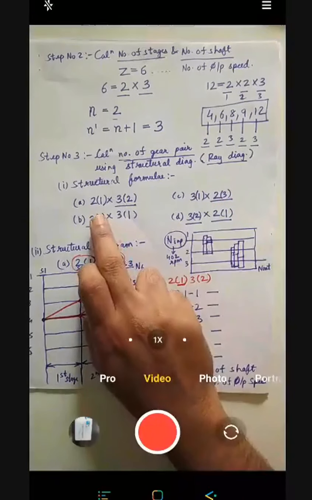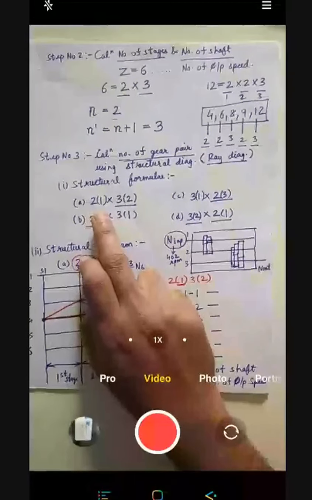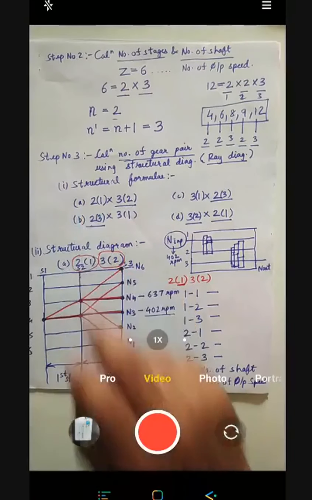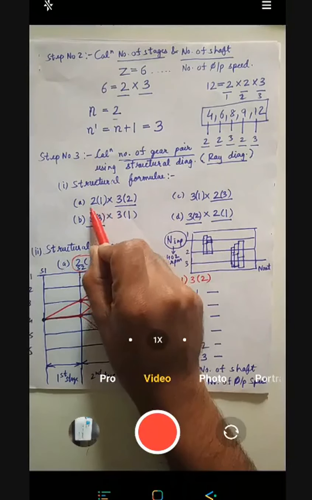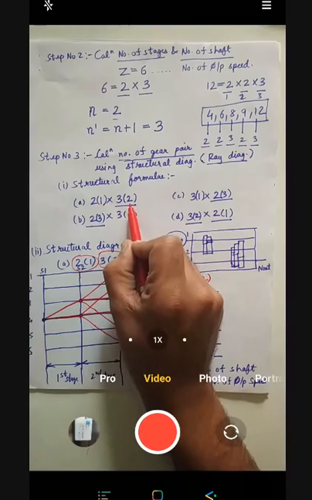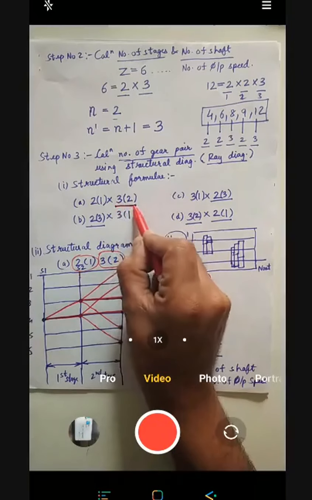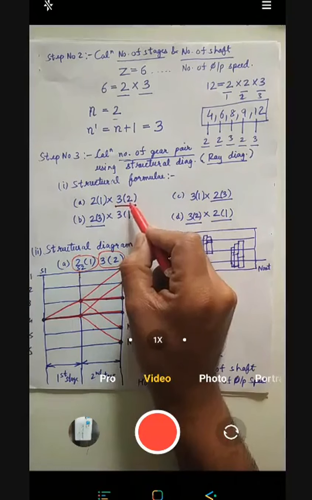Then you have to check whether these gears will be in stage 1 or stage 2. For that, we have written 2 into 1. This 2 into 1 product will be written on the next element. Ultimately, wherever you finish your elements, that should give you the output number of speeds, that is 6.